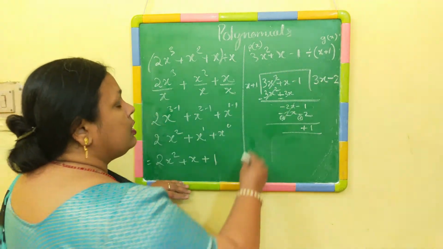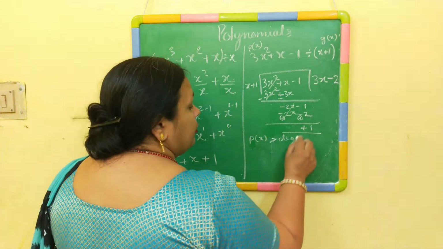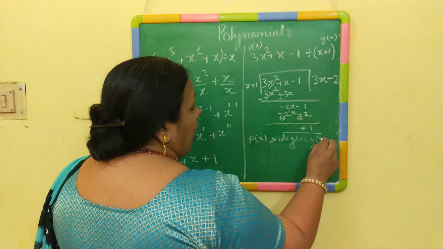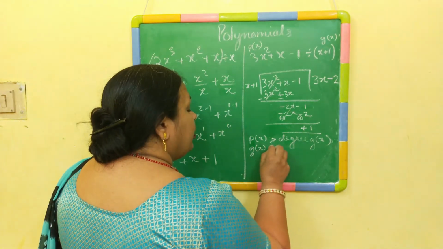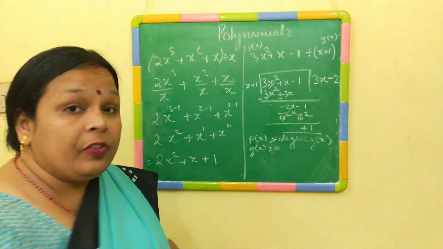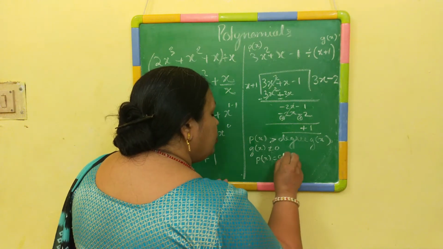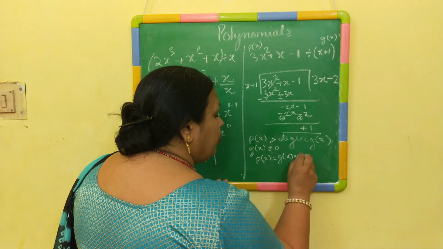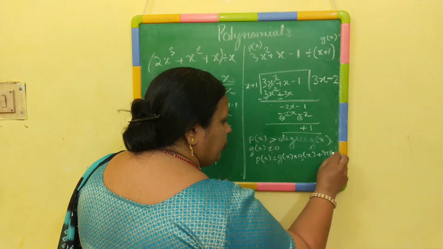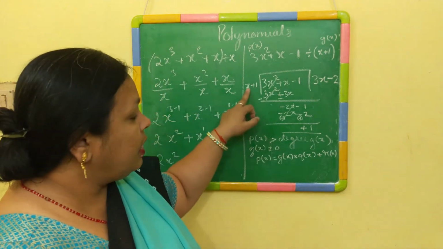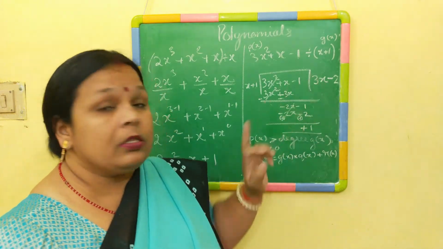So the first thing is, the degree of px must be greater than the degree of gx, and gx should not be equal to 0. If such is the case, we get px is equal to gx into qx plus rx, where gx is x plus 1, qx is 3x minus 2 and rx is 1.